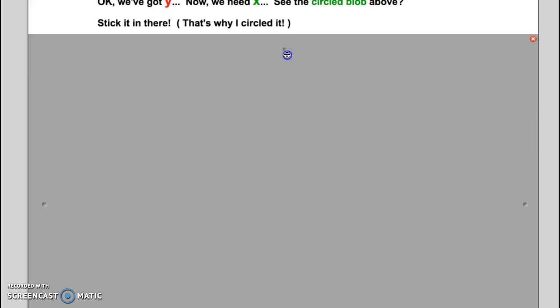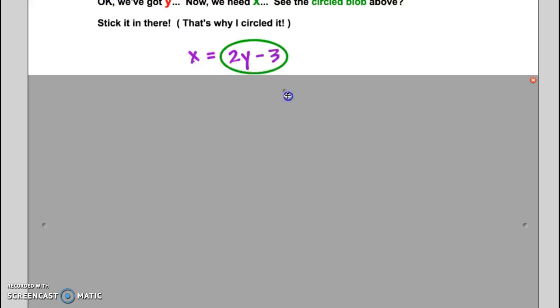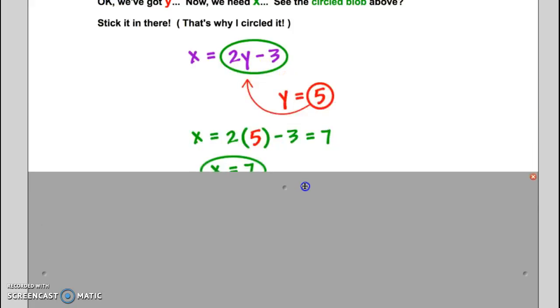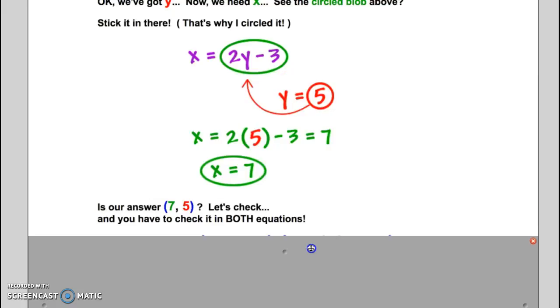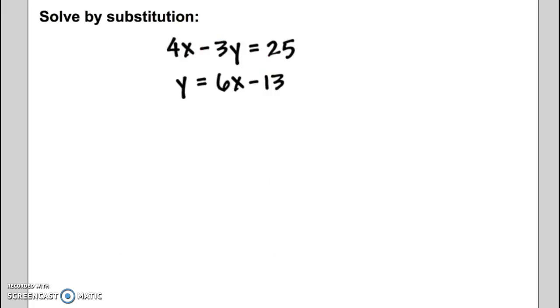So you'll have to put y back into either equation, but it's easiest to do in this equation because x is already solved. And when you do that, you get x equals 7. So the point of intersection is (7, 5), and you need to make sure it works in both equations. And this does.